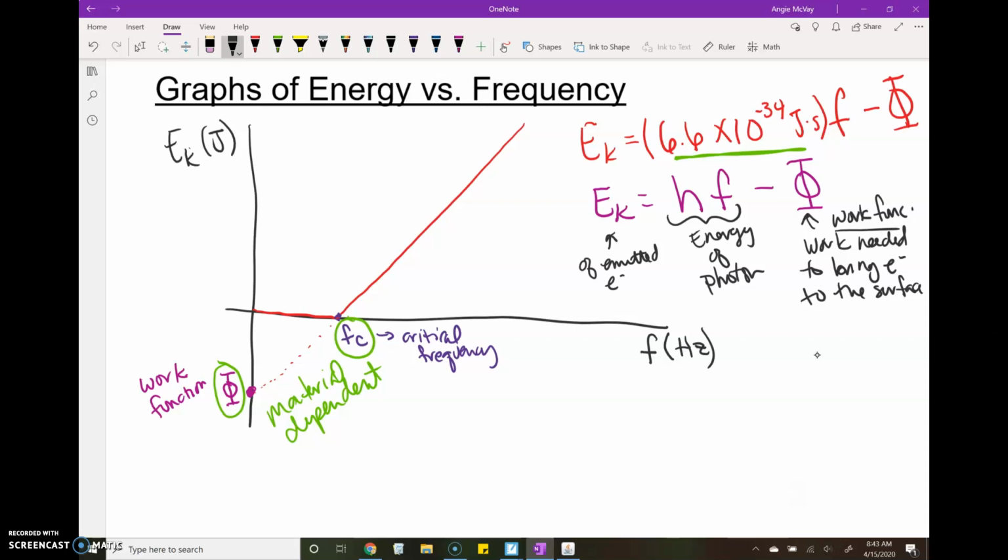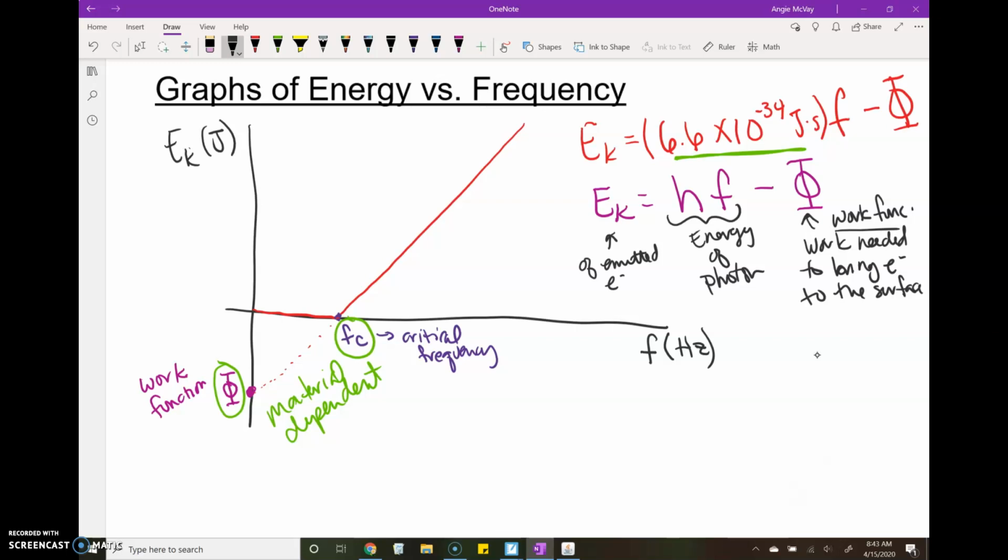Now, we also said that one of the patterns that we noticed was that the electron won't always be moving off of the photo surface, right? We don't always have current.